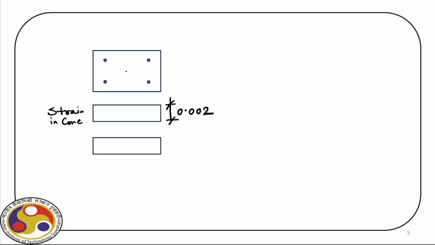Because we apply the load at the center, it acts uniformly over the entire cross section and we get a uniform strain. And for stress, this is 0.446 FCK. Stress in concrete.